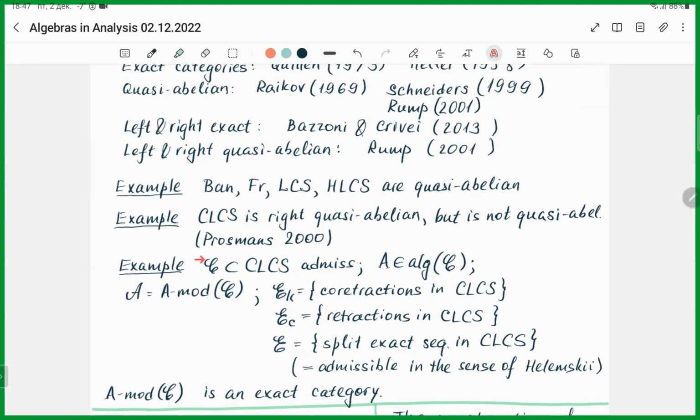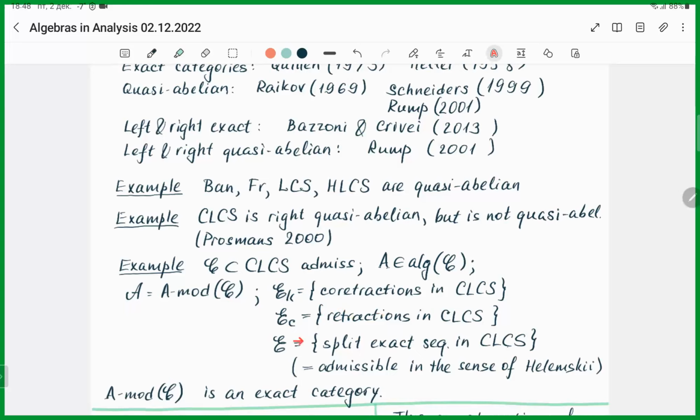And another important example is as follows. Suppose that script C is an admissible subcategory of complete locally convex spaces, and A is an algebra whose underlying space belongs to C. And let's consider the respective category of topological A modules. So we define admissible monomorphisms to be those morphisms in our category which are co-retractions in the category of complete locally convex spaces. So similarly, admissible epimorphisms will be those morphisms which are retractions of complete locally convex spaces.